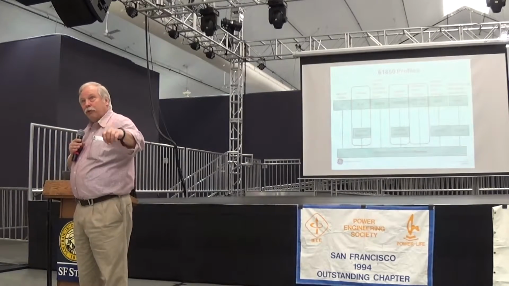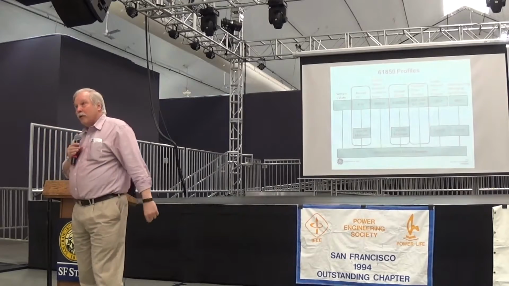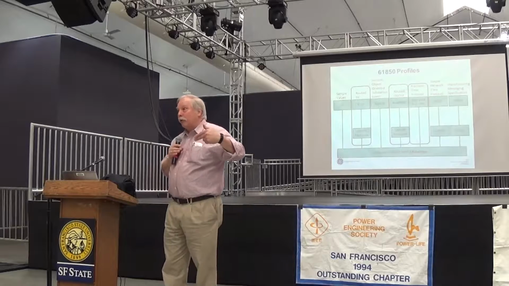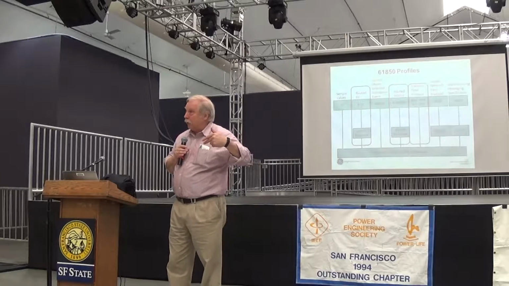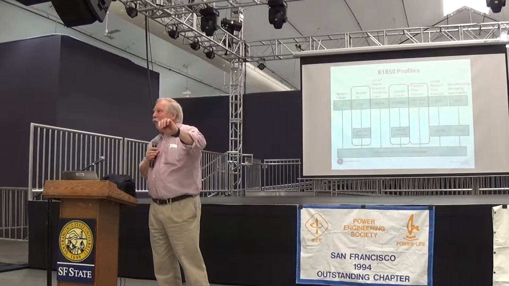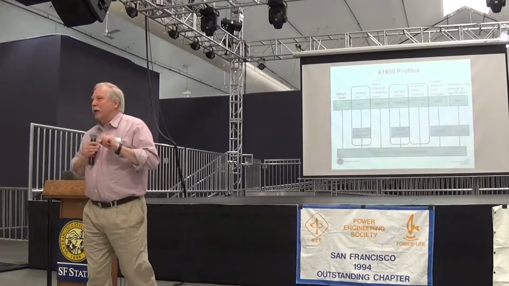So both GOOSE and the sample value message do not look for lost data. They have other mechanisms to recover. The way they recover is they send the message over and over and over again.